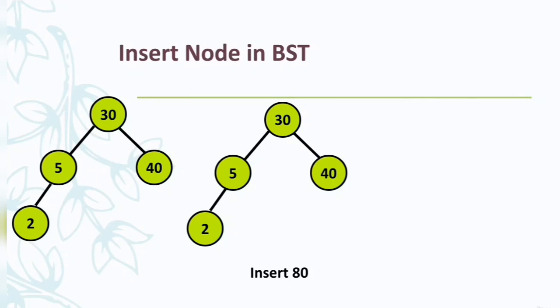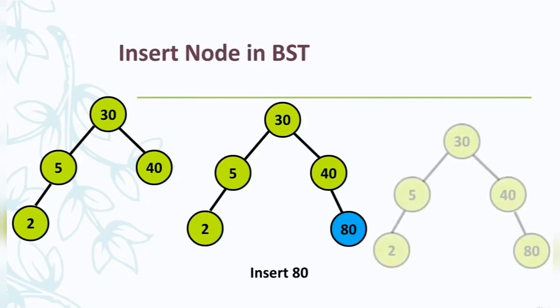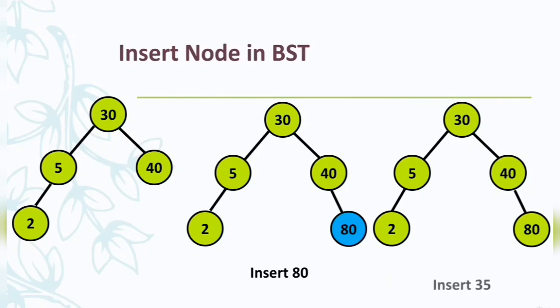Again, we need to compare 80 with the node 40. In this case, again 80 is greater than 40, and hence we need to insert this node 80 in the right subtree of 40. So 80 will come over here, and this is how we can insert nodes in a BST.